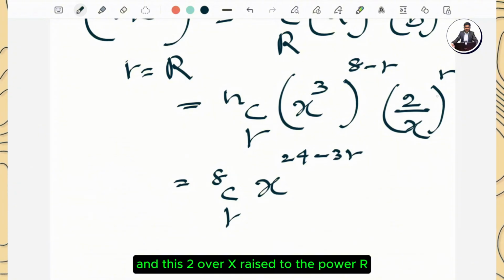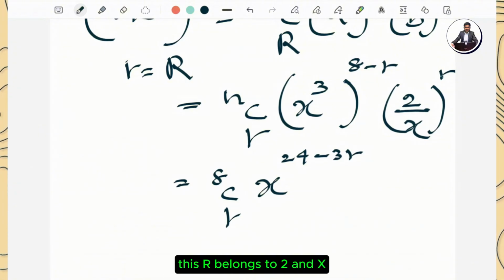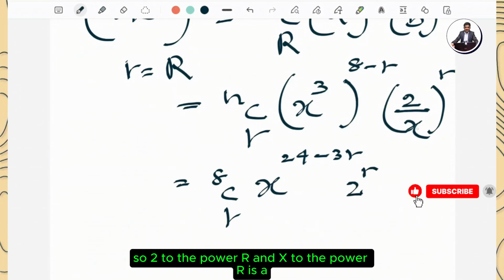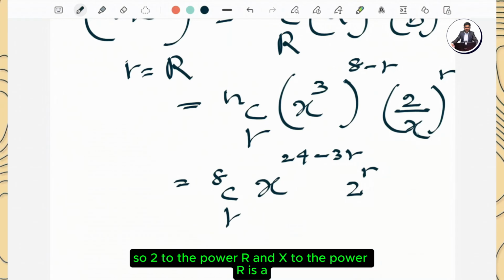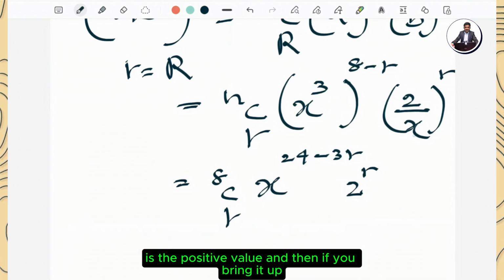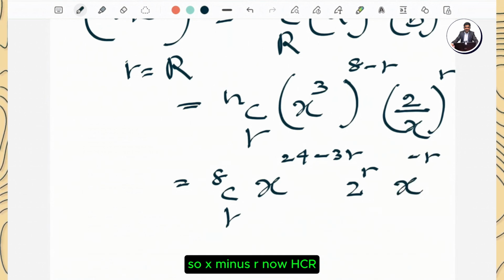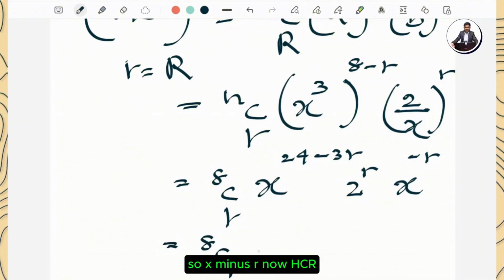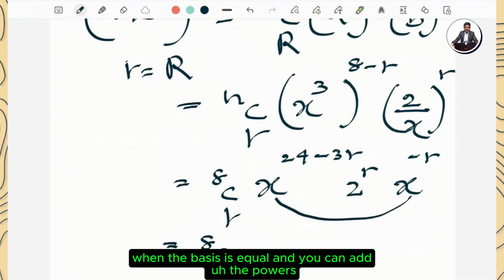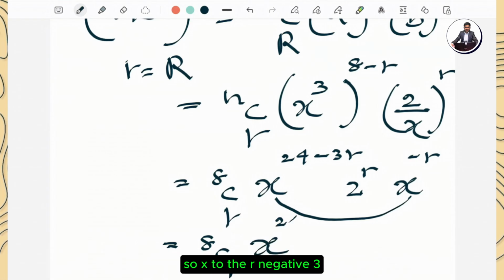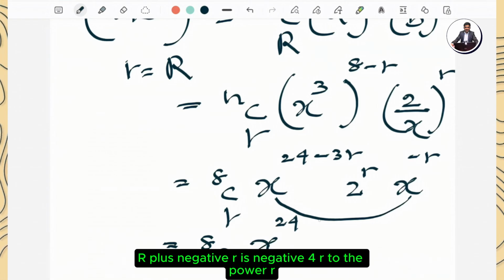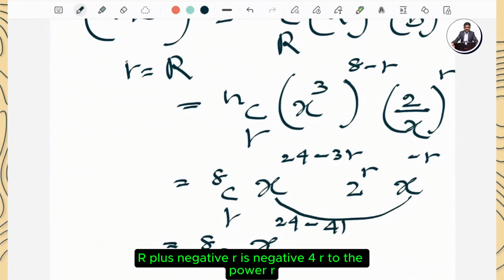For (2/x)^r, we get 2^r and x^r in the denominator, which brought up becomes x^(−r). When the base is the same, you can add the powers: −3r plus −r is −4r.